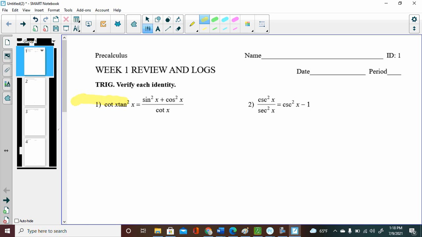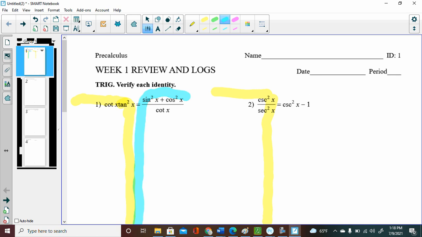What I'm going to do is highlight the parts that I'm working on. So this part goes over here, this part goes over here, and this part goes over here, because I need to change things in order to make this digestible.